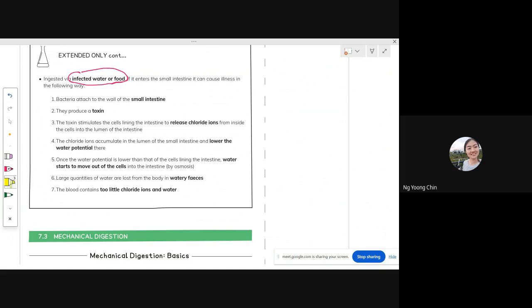It produces the toxins, and then they cause the chloride ions to leak out, and then this lowers the water potential. So the water is able to move out from the cell into the intestine lumen by osmosis. So they are losing water in the form of watery feces. Okay, so this is a point that you should write in your exam.